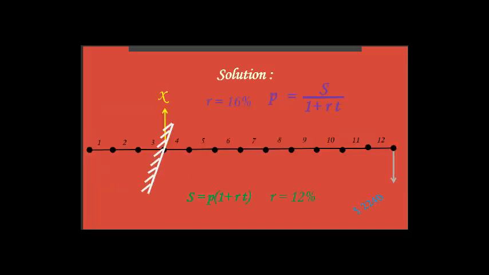Note that according to this timeline, now we have an old obligation of 2,240. We need to replace this with X.